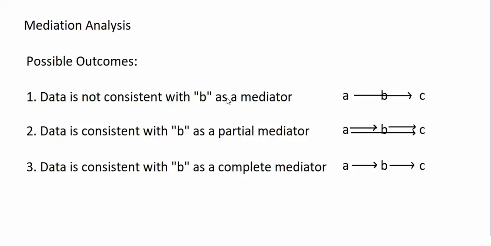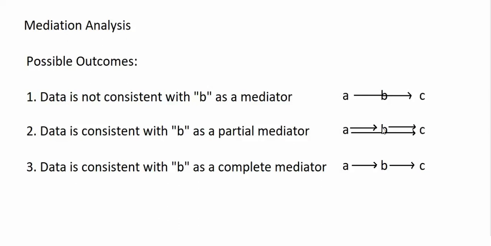And the reason why it's called a partial mediator is because it's not a necessary step. In other words, if the data shows partial mediation, then lower financial stress is not necessary for income to lead to happiness, because income can lead to happiness through the mediator of lower financial stress, or it can lead directly to happiness and skip right by the mediator.